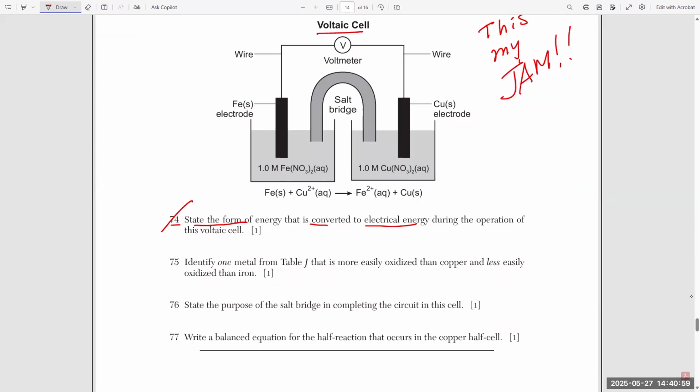Number 75. Identify one metal from table J that is more easily oxidized than copper, and less easily oxidized than iron. So let's go. Table J, if you remember correctly, is oxidation and reduction like this, right? So more easily oxidized means higher than copper and lower than iron, right? So let's go look for copper.